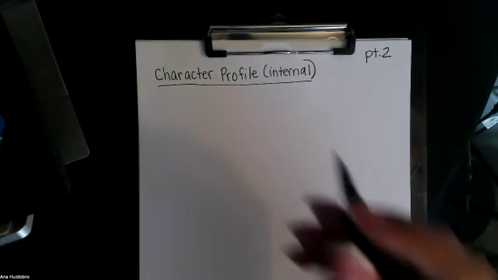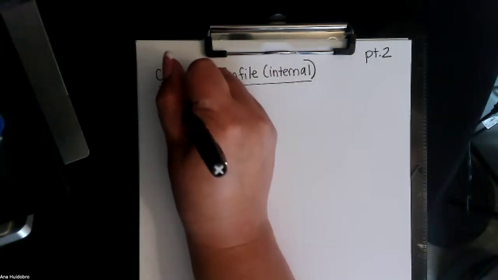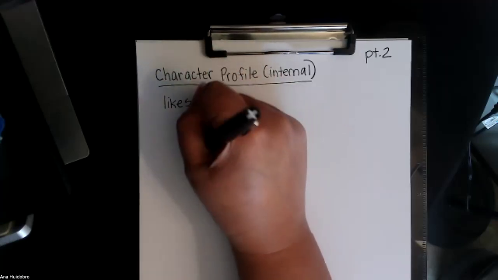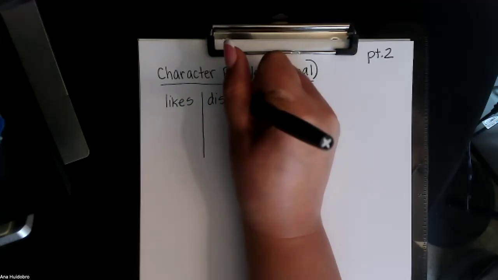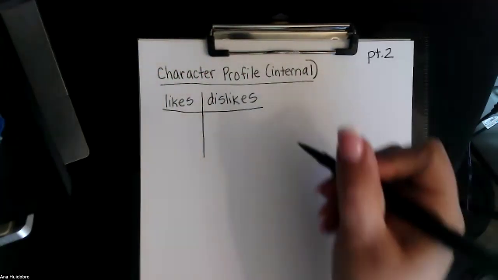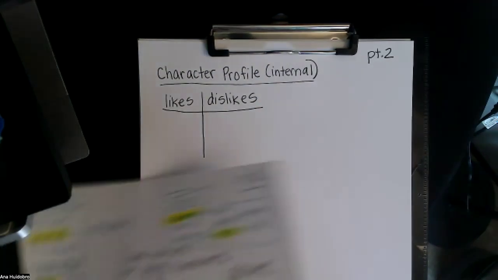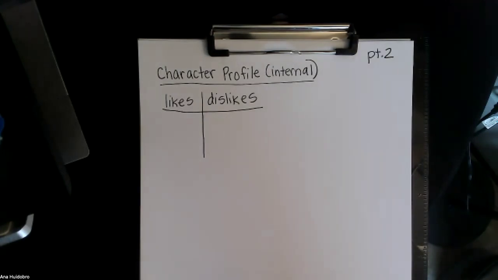Speaking of likes and dislikes, let's go ahead and write that down: likes and dislikes. By now, you should have a name for your character. You should know what kind of character it is, because last time you were asked to draw a picture. You should know how old they are.